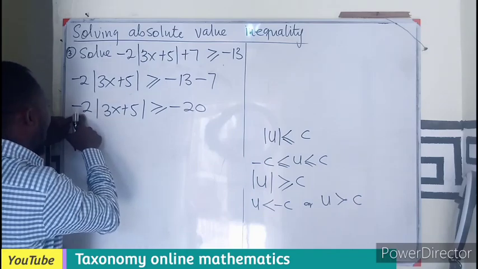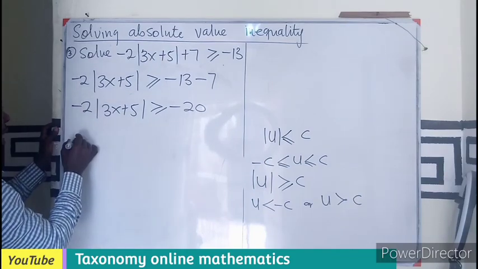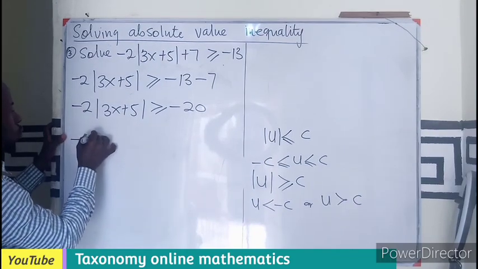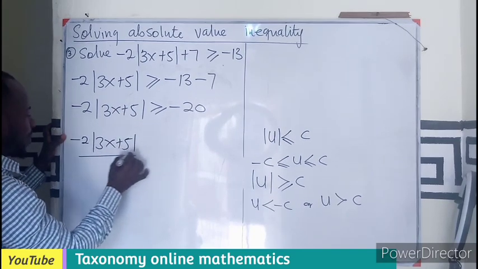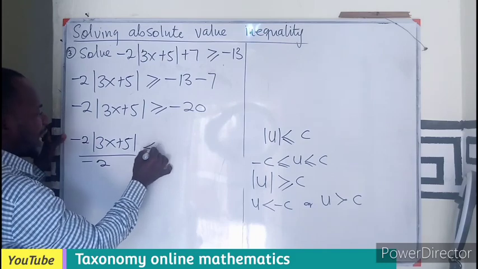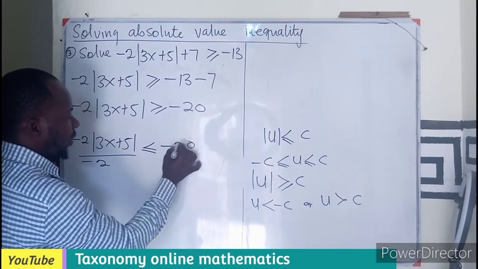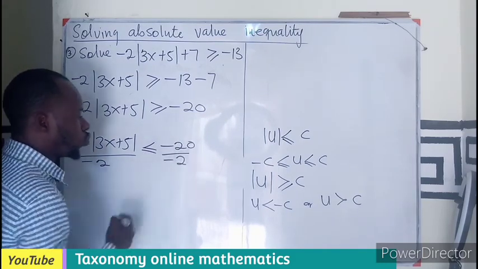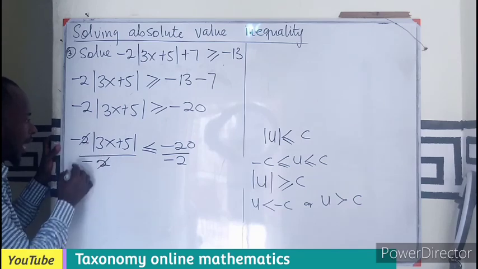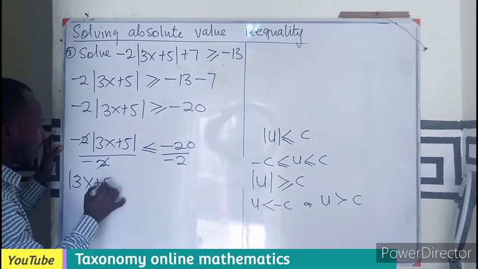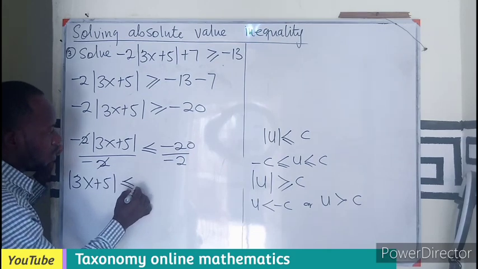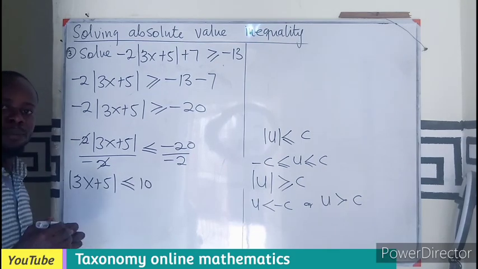So since I'm dividing by a negative number, I'll have -2|3x plus 5| divided by -2 less than or equal to -20 over -2. Where this will clear, we are left with |3x plus 5| less than or equal to 10.